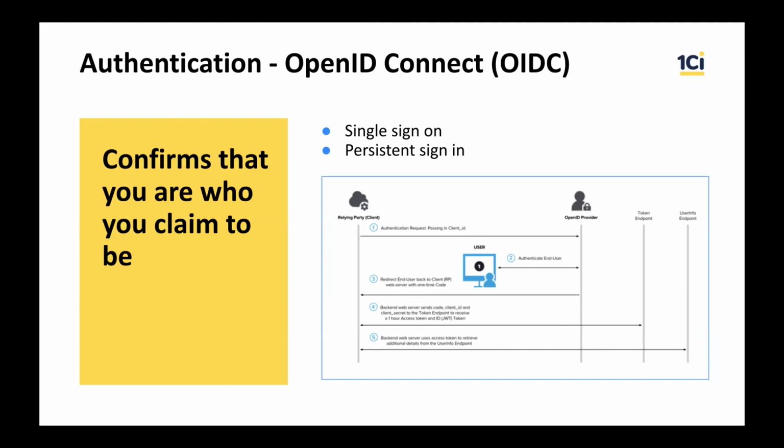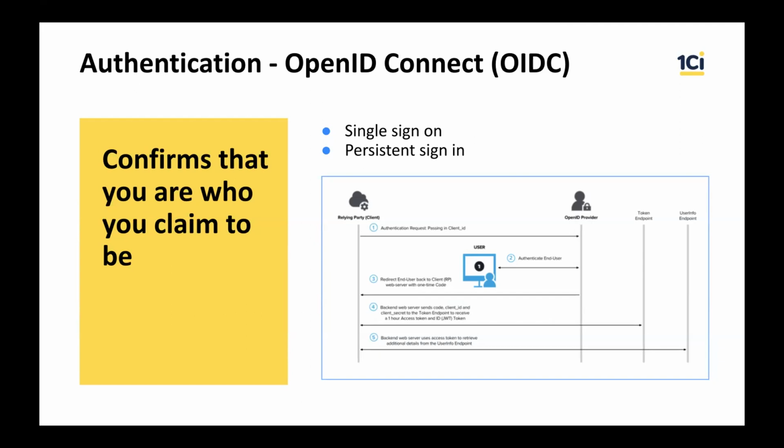And this one, OpenID Connect, the short version of which is OIDC, is supported partially by 1C:Enterprise. So 1C:Enterprise can accept OIDC credentials from identity providers, but cannot be an identity provider itself.